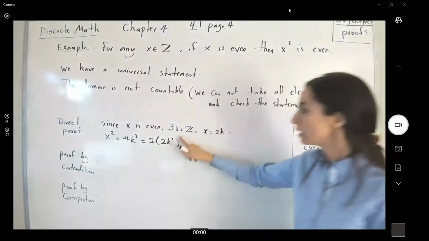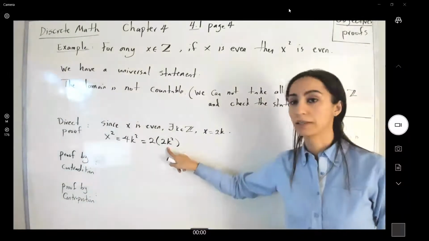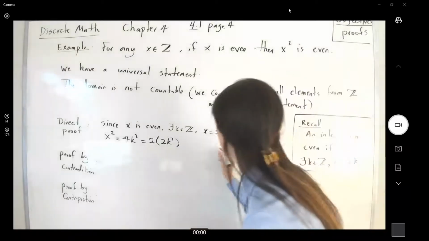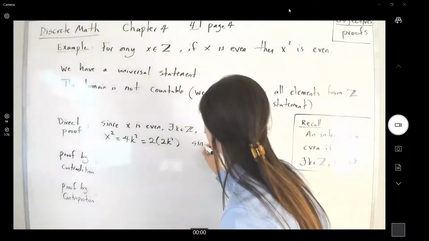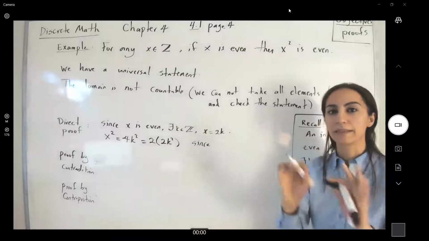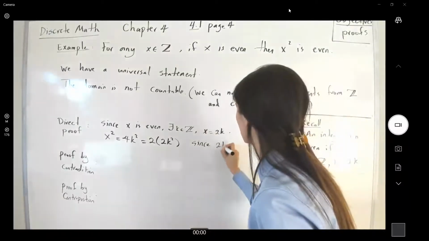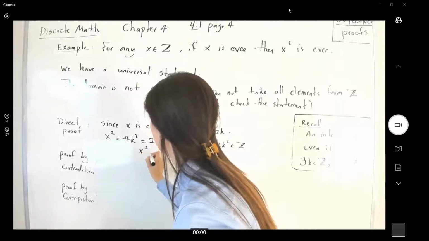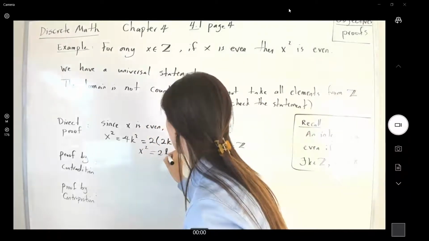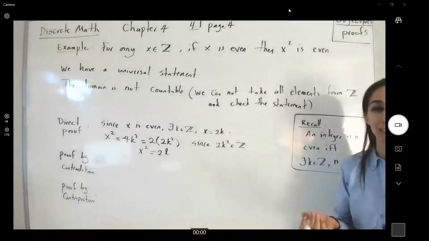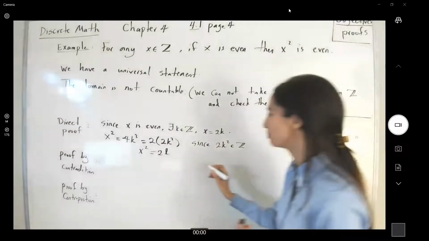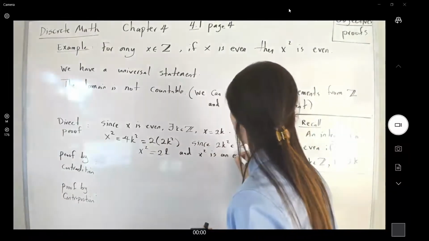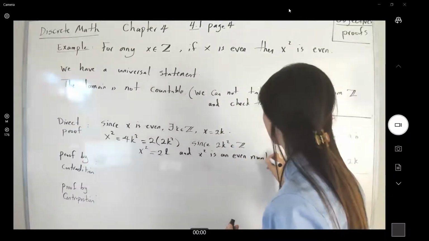Well, k is an integer. k squared is an integer. 2 times the integer is also an integer. Since we have to add all these little details, since 2k squared is an integer, x squared can be written as 2 times L, let's call it L for simplicity to write it in nice compact form, and x squared is an even number.